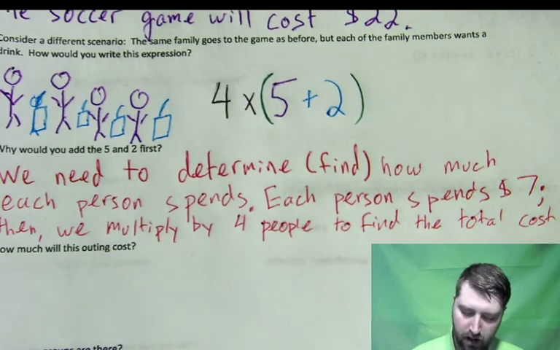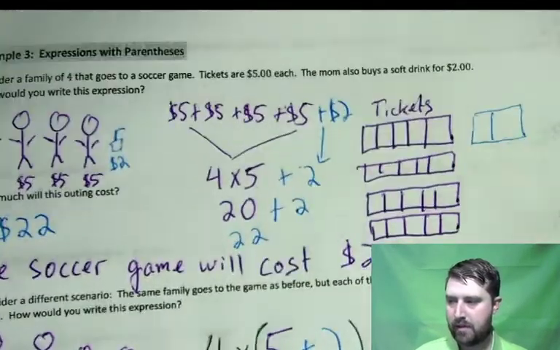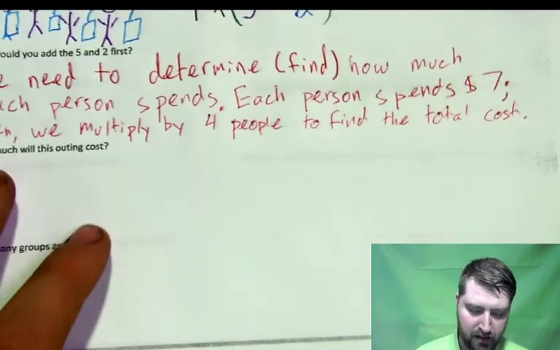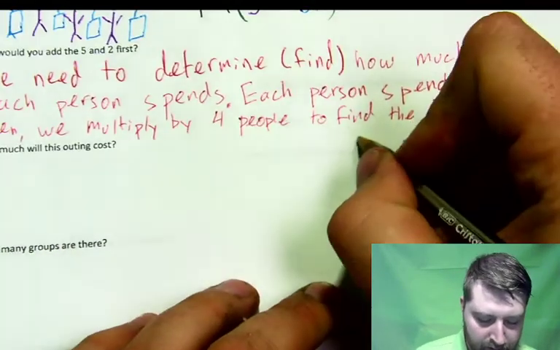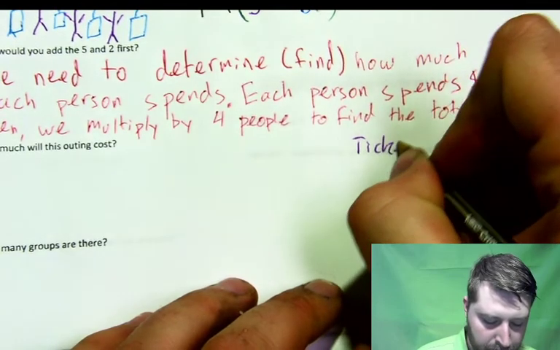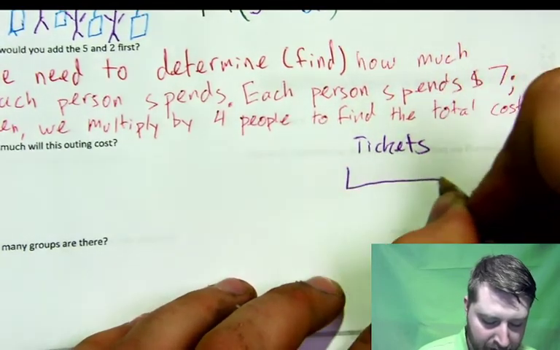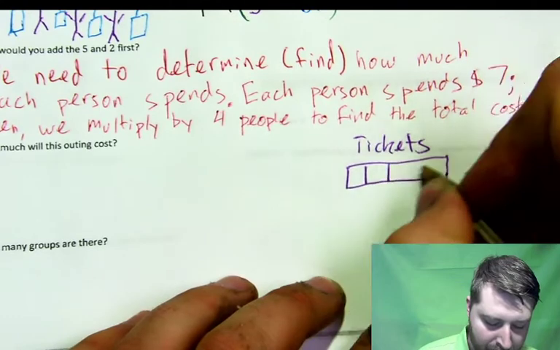Awesome. So we're going to also draw a model for this. Just like we drew up here, we're going to draw the same sort of model with boxes down here. We have the tickets. Each one still costs $5.